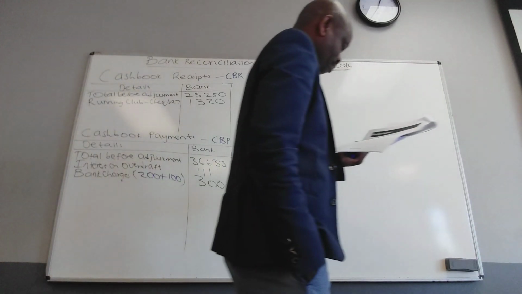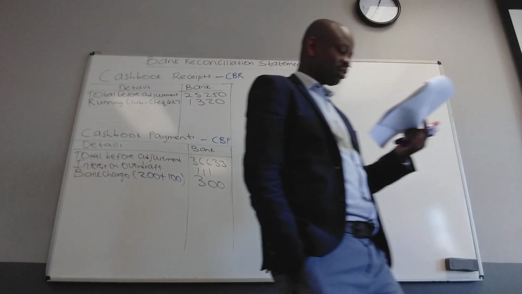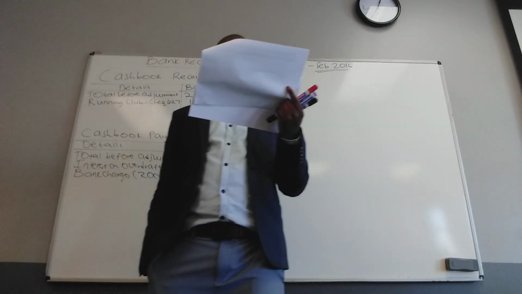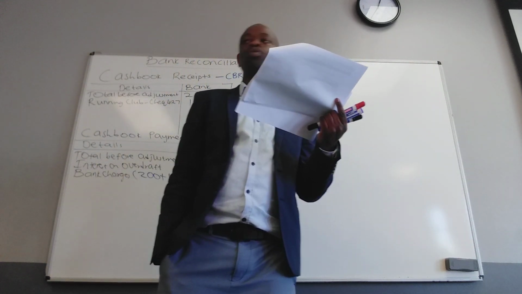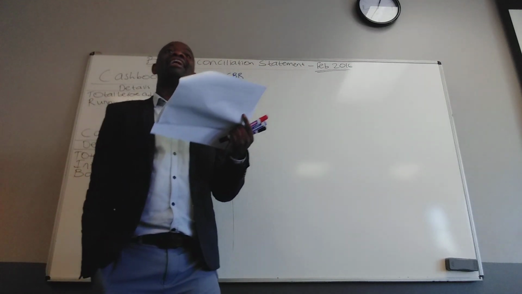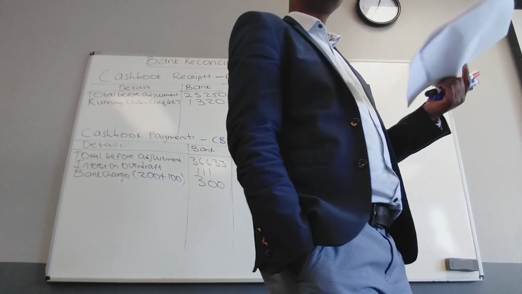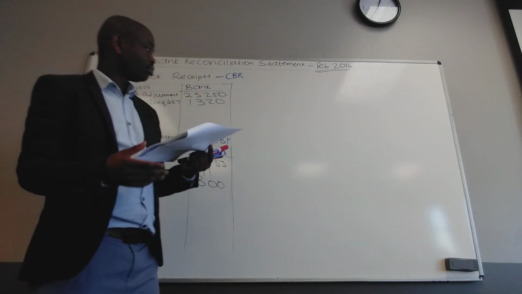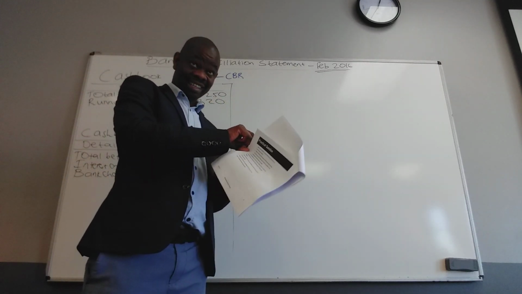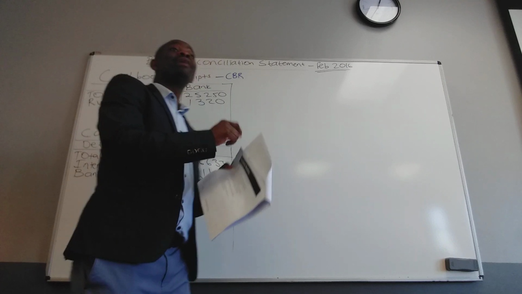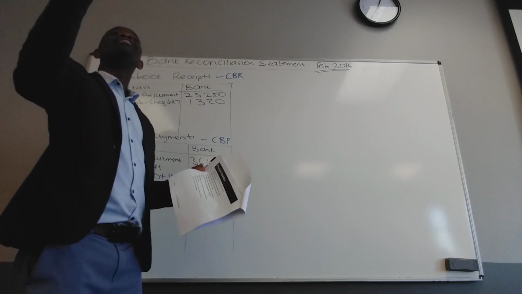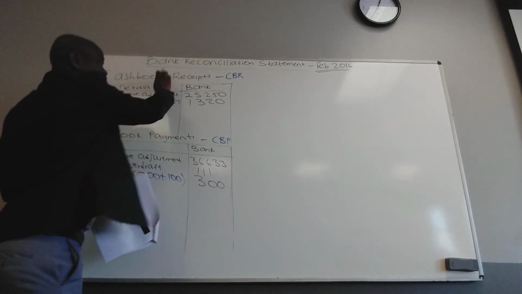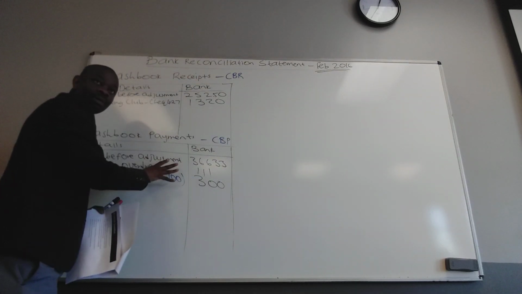Number 5. Check number 440 issued to a creditor was entered into the cash book as 1590 instead of 1950. What do you call this? An error made by us. It has been made by us, meaning it must be corrected by us, either in CBR or CBP.